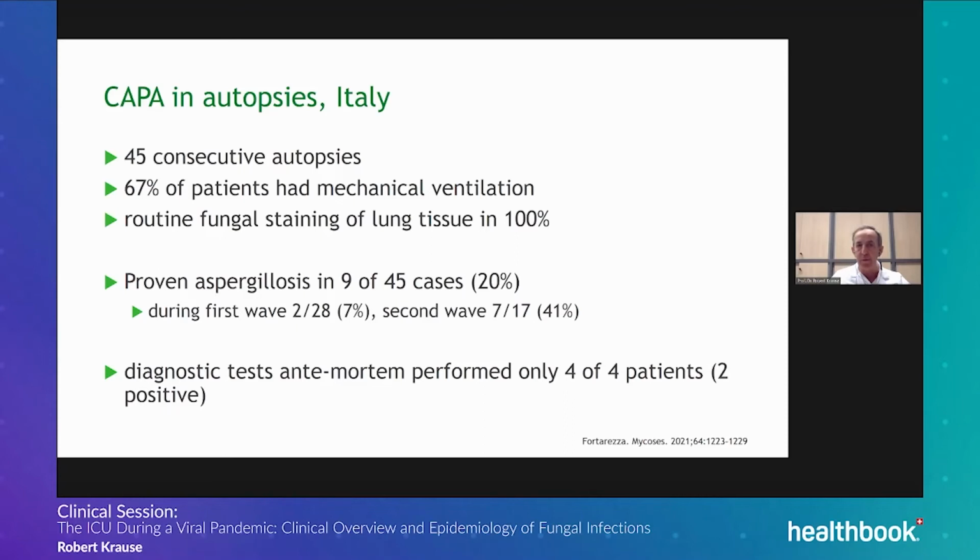And they found proven aspergillosis in 20%, and there was also an increase from one wave to the other wave of the COVID-19 pandemic, and this is maybe the factor that steroids did. So there was an increase from 7% up to 41% in the second wave. However, diagnostic tests performed ante-mortem were only done in 4 of 45 patients.